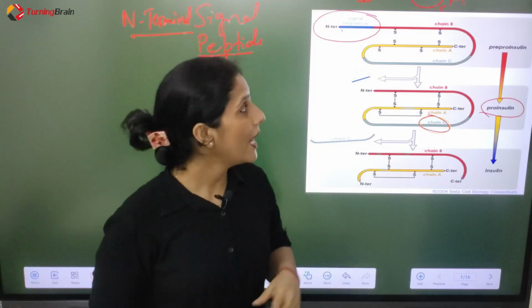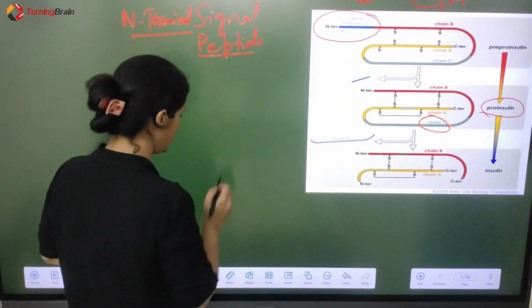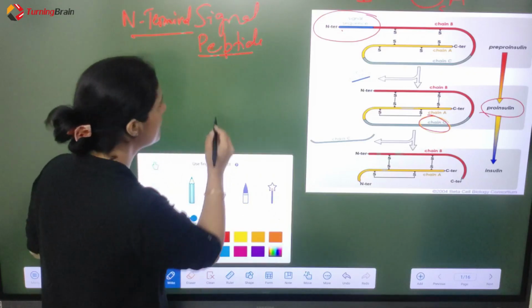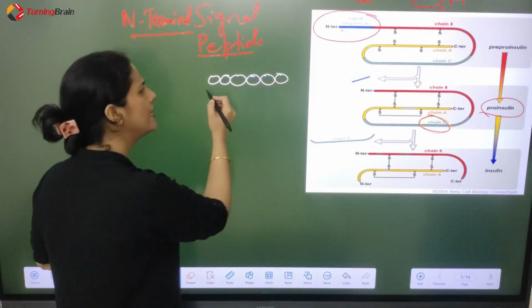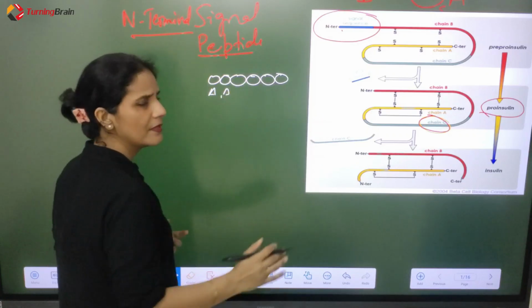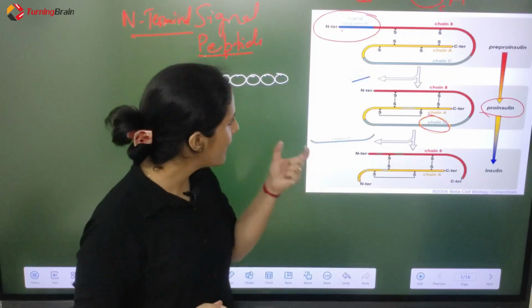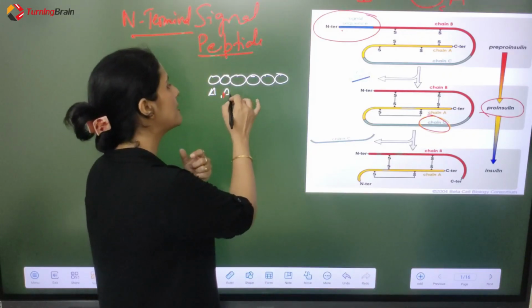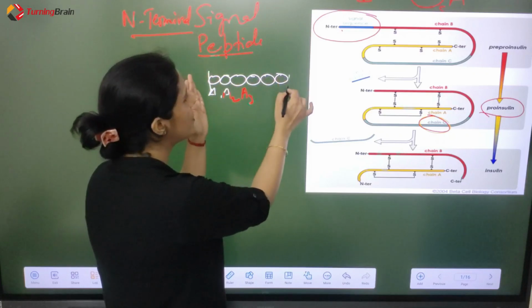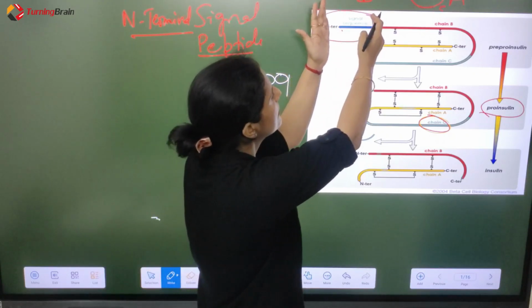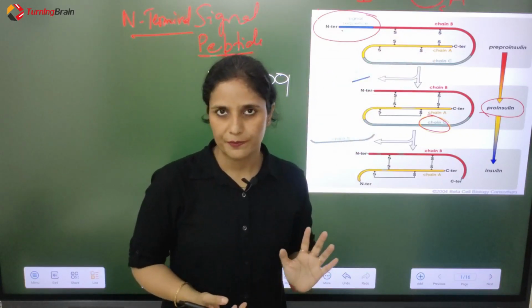So at the N-terminal there is a peptide part, a short portion of amino acids. Any amino acids, A1, A2, A3, there is a sequence. You don't need to remember that sequence of amino acids, but just have an idea that different amino acids in a particular sequence make a small strand that is attached at the terminal end of chain B, and it makes pre-proinsulin.